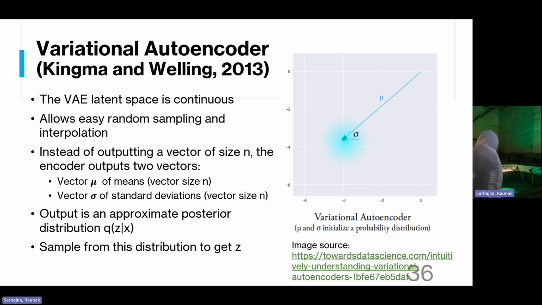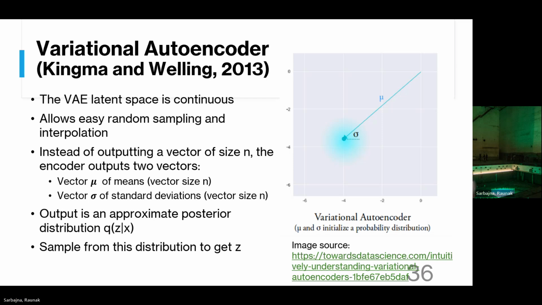So, variational autoencoder. In a variational autoencoder, the latent space that we saw, the embedded space in the middle, is a continuous model. The advantage is that it is much easier to sample and much easier to interpolate between different values. The normal output of an autoencoder is a vector, a matrix output.